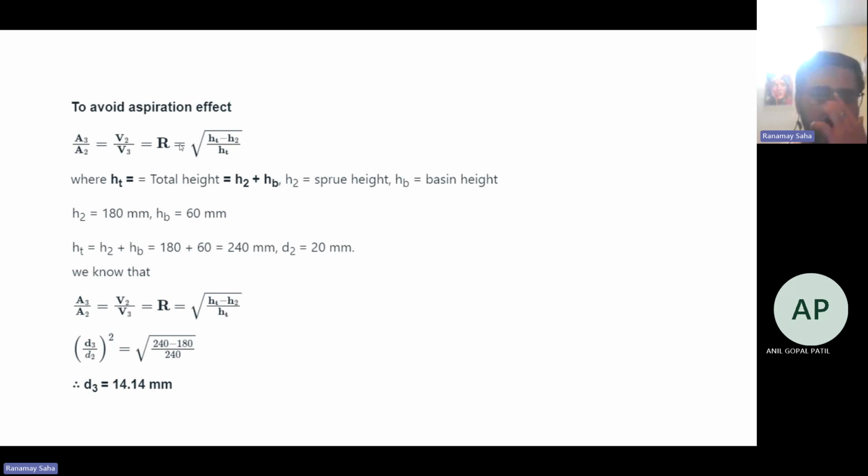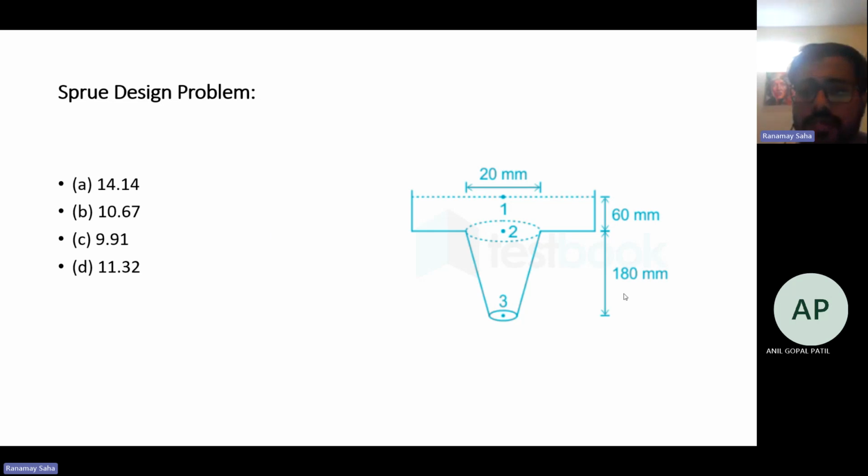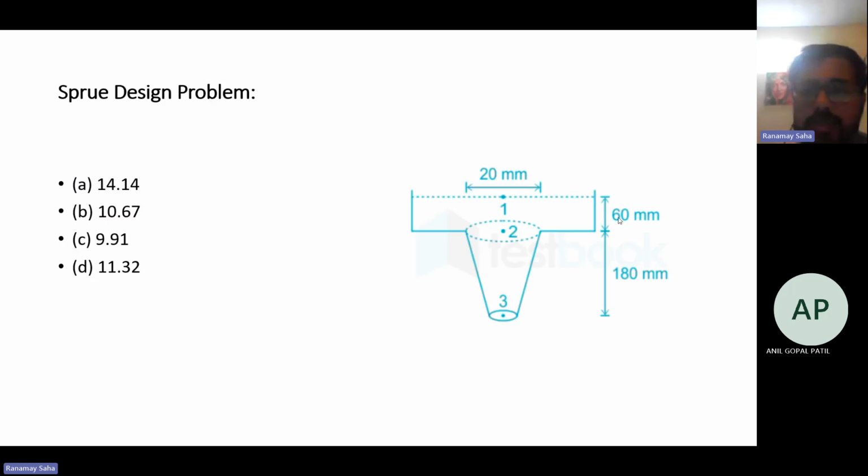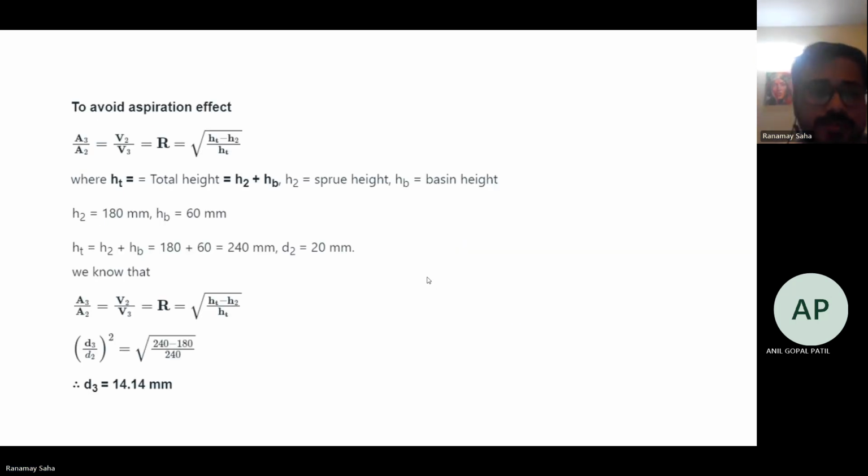Take the ratio as R, which becomes the ratio of the heights. The total height here is 30 plus 60 to 40, and H2 is the height 60, right? Here H2 is the total height, and HP is the height of the pouring basin, the basin height. The height then becomes 50 plus 60 to 4.